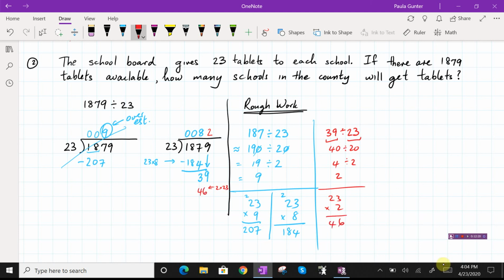We'd be going over. And so again, we would see, we have a problem. Let's erase those, which means that we won't be using 2. We'll have to decrease by 1, and 2 decreased by 1 is just 1. 1 times 23 is 23, and we're going to subtract that, and we end up with 16 as my remainder. So 81 remainder 16.